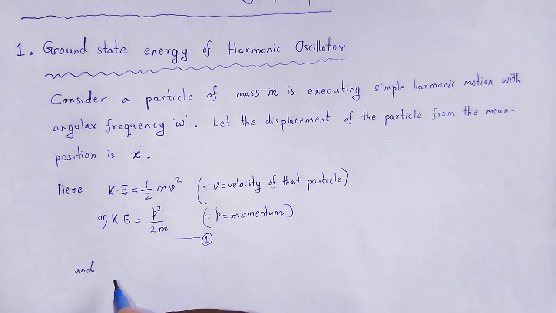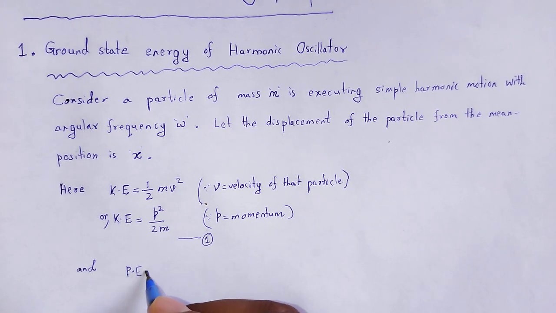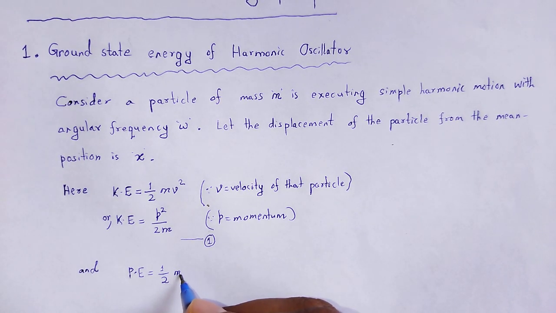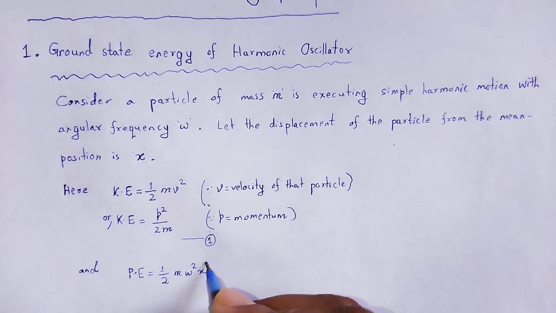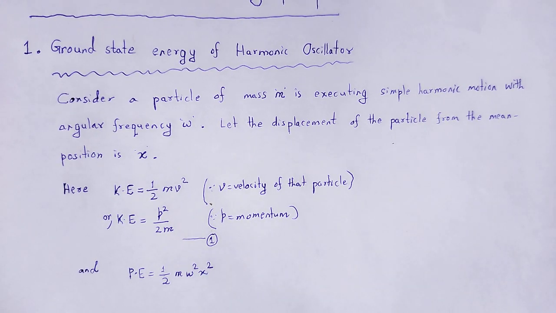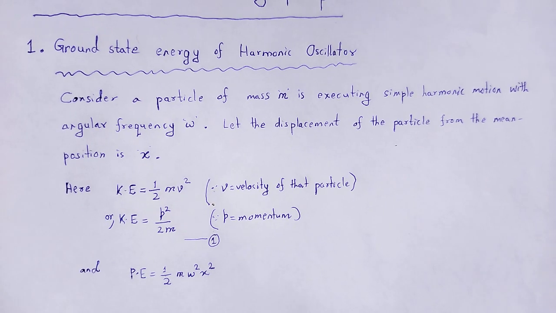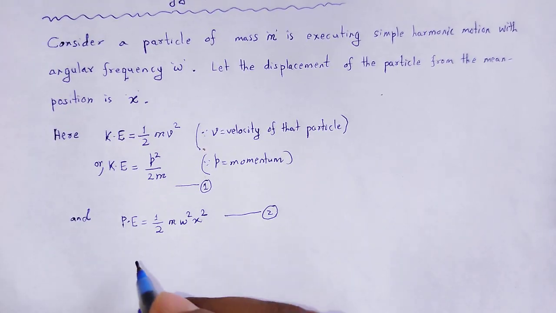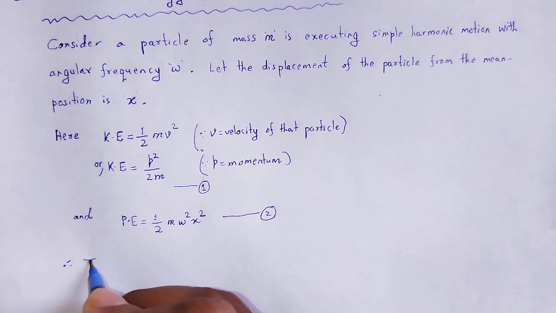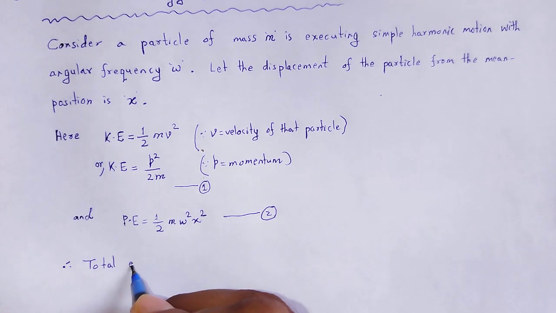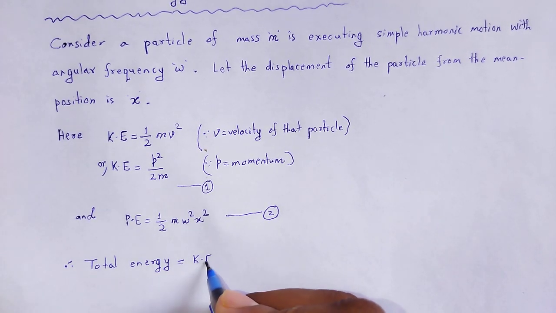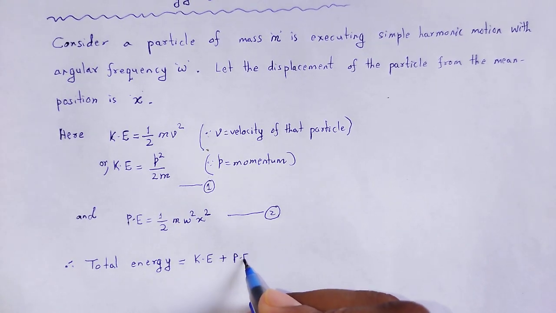And potential energy, which is half m omega square x square. This is the potential energy of that harmonic oscillator. Therefore, total energy is equal to kinetic energy plus potential energy.